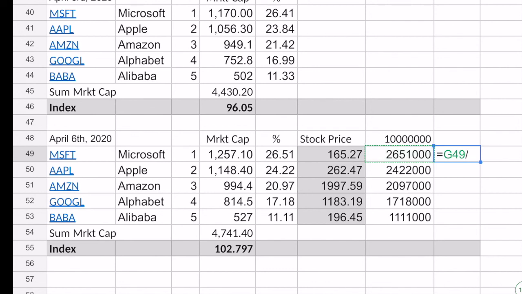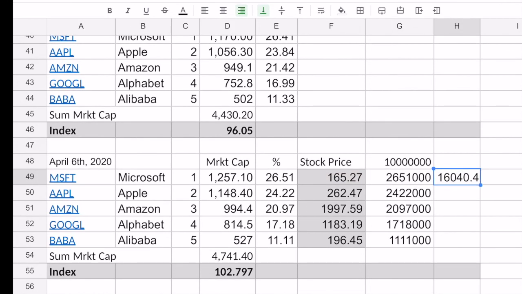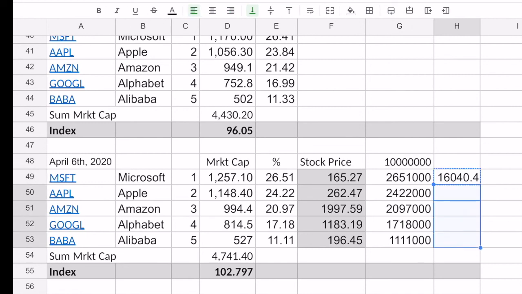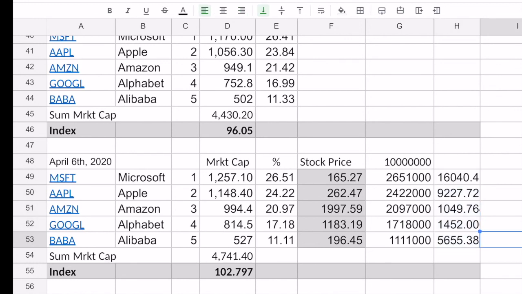Then I would just simply divide by the stock price, and notice that this is how many shares we would have to purchase of Microsoft for our index fund. And you can do the same thing for all the other companies as well. And I'm going to do that right there. And now our fund, which started with 10 million, has this many shares in each of the companies.